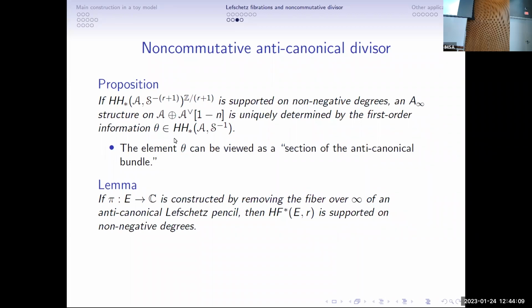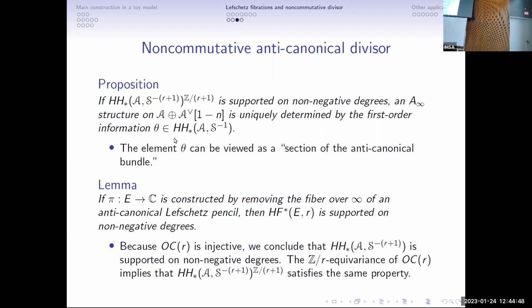So in other words, we take some kind of smooth Fano manifold, and let's take a pair of generic sections in the anticanonical linear system, and let's construct a pencil out of that, and let's remove the fiber over infinity to construct such an exact symplectic Lefschetz fibration. Then in this special setting, the Floer cohomology associated with Hamiltonian R, which replaces the plane for R times with the small translation, is actually supported on non-negative degrees.